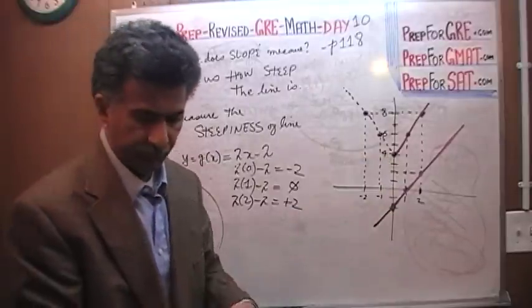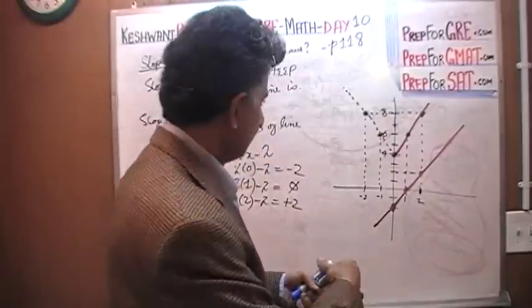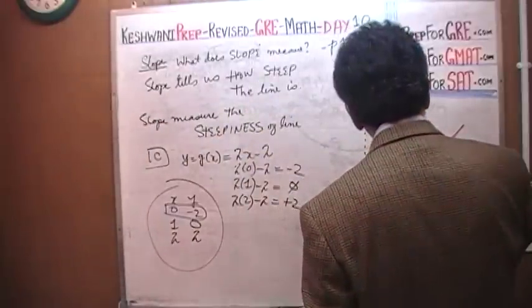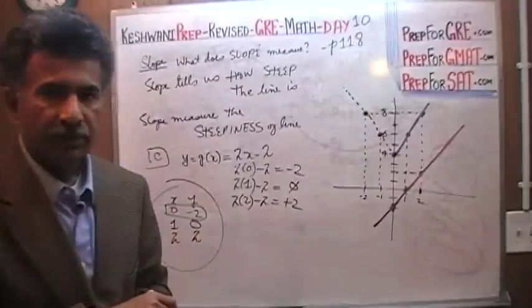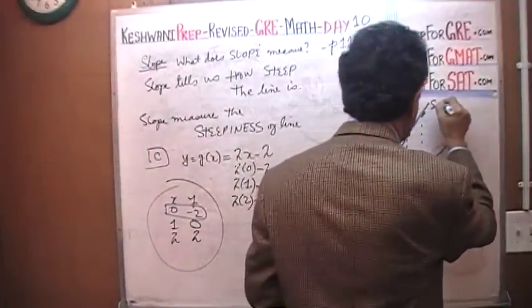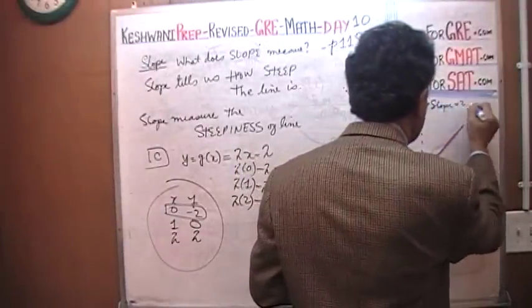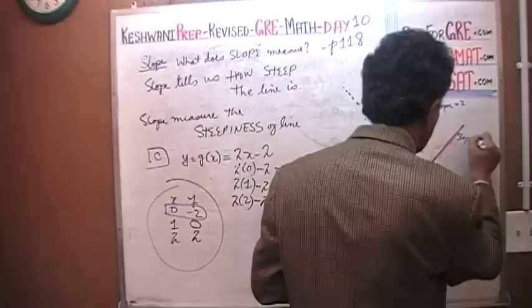I'm going to put this portion in a different color so we can talk about it. The original graph has a slope of 2. This graph has a slope of 2.